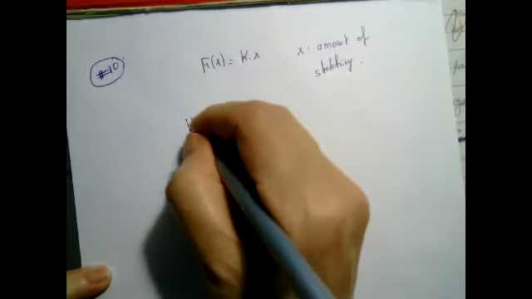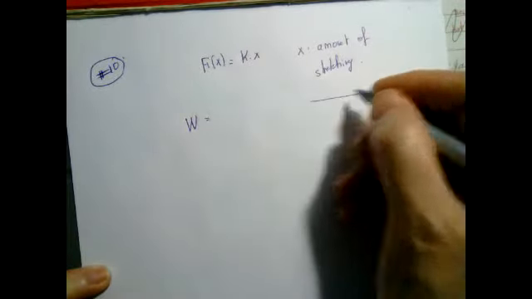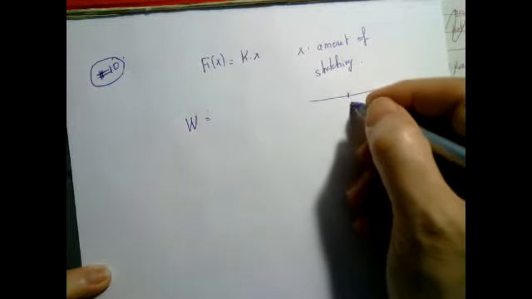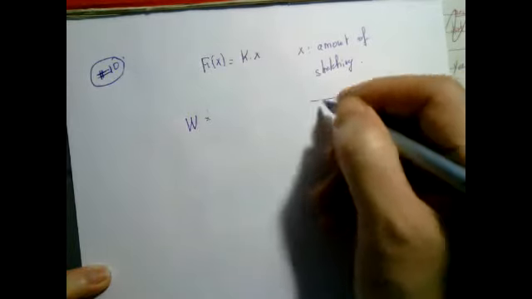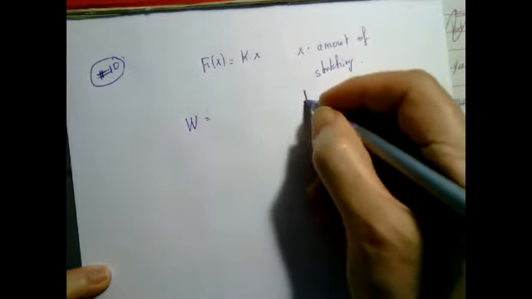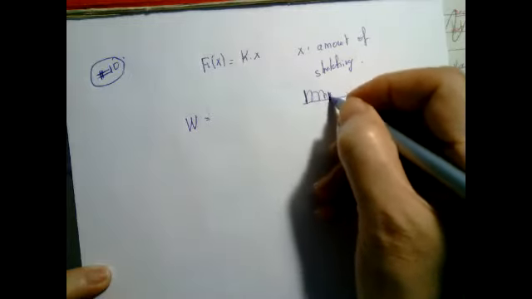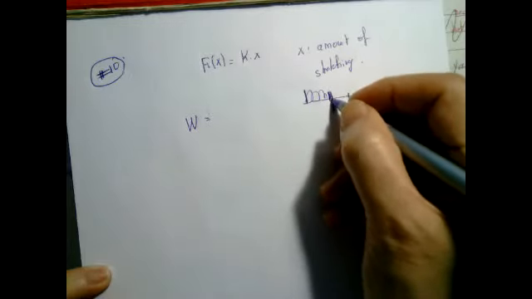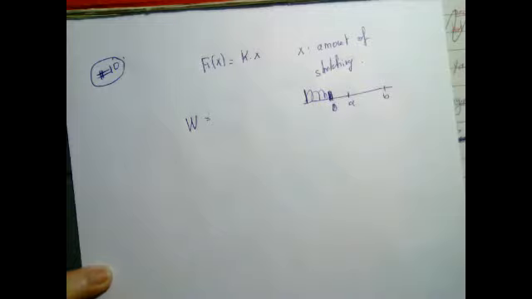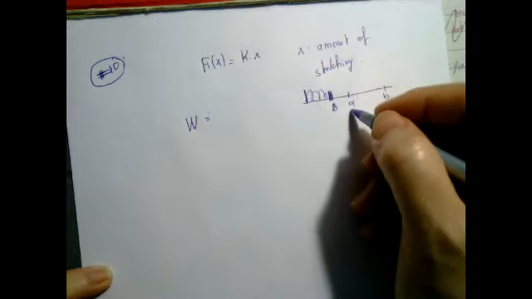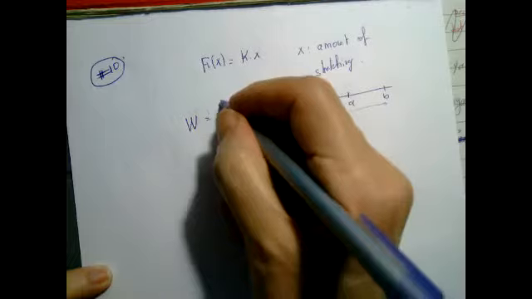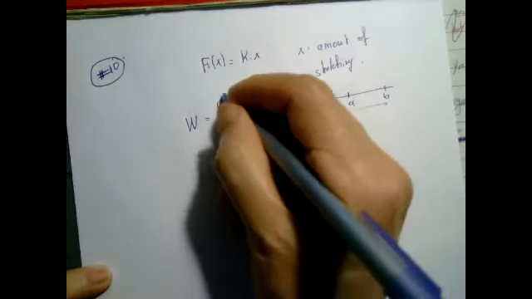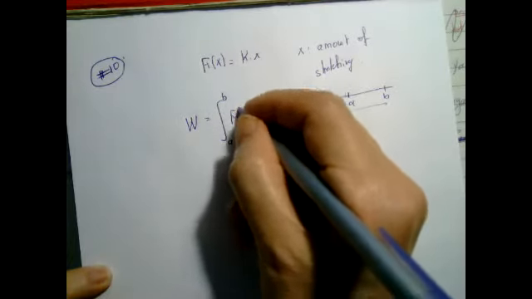And when we find the work, if you have the spring and you move it from point A to point B, so this is my spring, that's the equilibrium position. If I move it from here to here, then that was the force, the x.